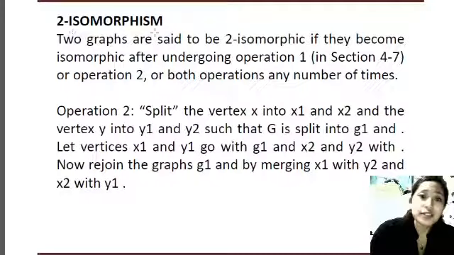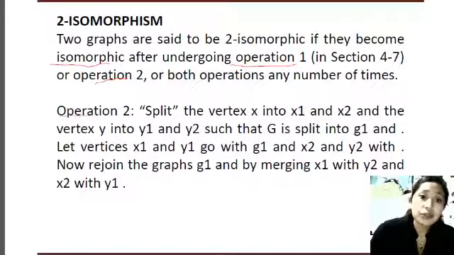Two isomorphism says that two graphs can be called two isomorphic graphs if they become isomorphic after repeatedly applying operation 1 and operation 2. As per operation 1, if there is a cut vertex, you can divide the graph at that cut vertex by creating a duplicate copy of the cut vertex, and different blocks can be combined based on the result that you want to get.